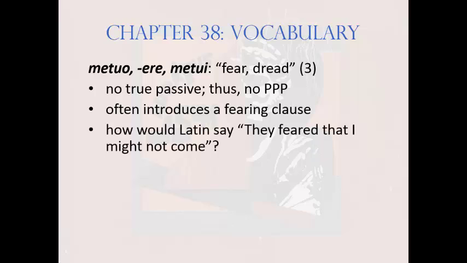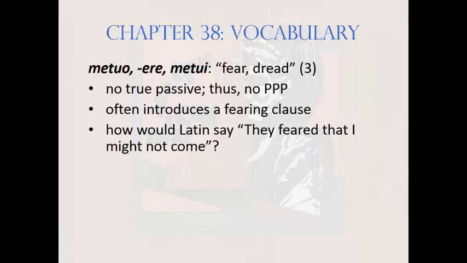How would Latin say, they feared that I might not come? Don't forget the ne and ut situation with fearing clauses. Ne means that, and ut means that not. They're reversed. So which do you want here in this negative fearing clause? Ut, that's right. And do fearing clauses follow sequence of tenses?